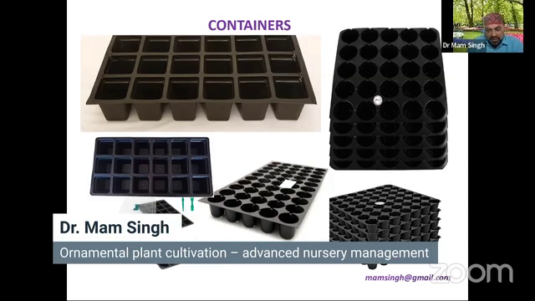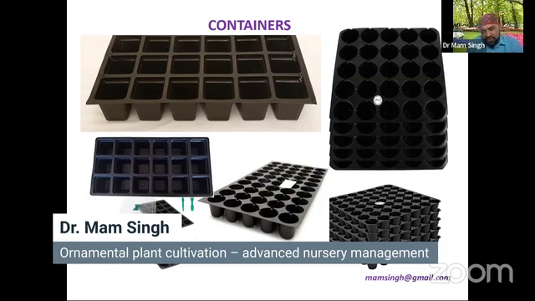So these are the constraints when we use containers or root trainers. We have to stick to the requirement of the crop. The crop, when we plant either by seeds or by cuttings, the root volume is required to be intact in the duration, the plant size we need for outplanting.